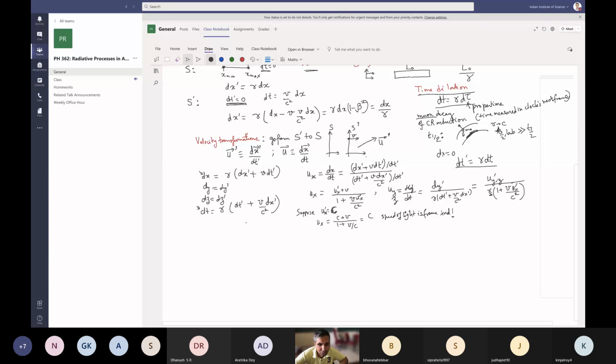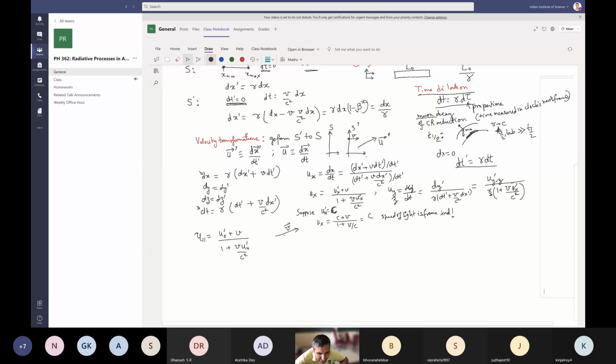Okay, now this was when the velocity was along some direction. Now suppose we want to do, let's actually just write this. So u prime is equal to u parallel prime plus v divided by 1 plus v u parallel prime by c squared, right? Now what I'm saying is, instead of velocity v being along the x direction, there is some direction which is the relative velocity between the frames.